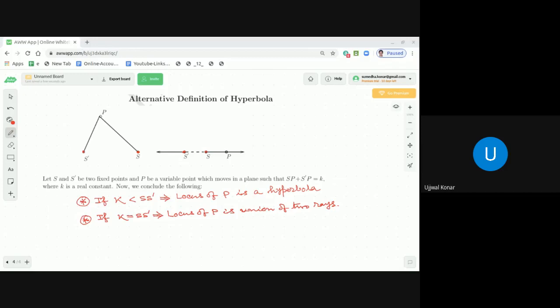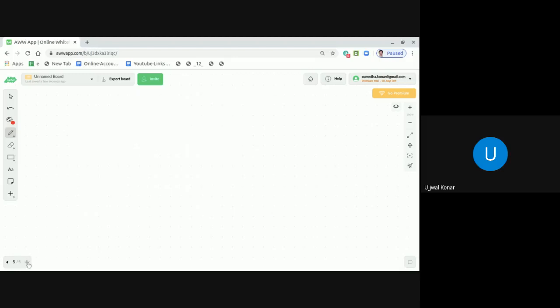Now, if things are clear, then I want to discuss the next point, and the next point is about conjugate hyperbola. To discuss this conjugate hyperbola, I would like to take you to the next page, and from here I'm going to discuss.